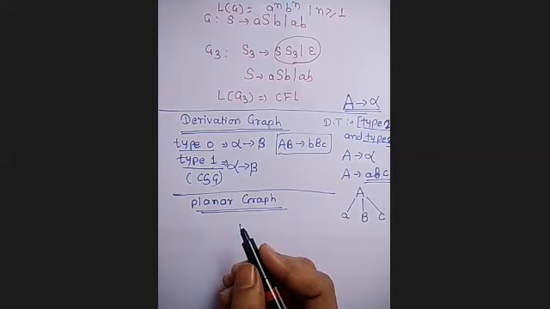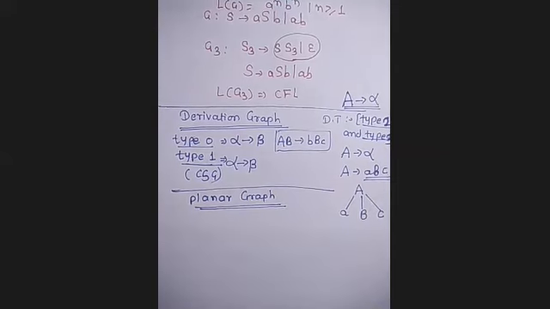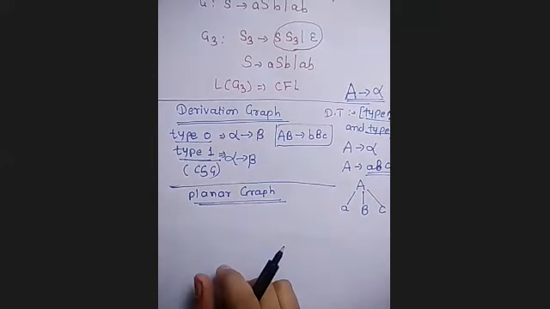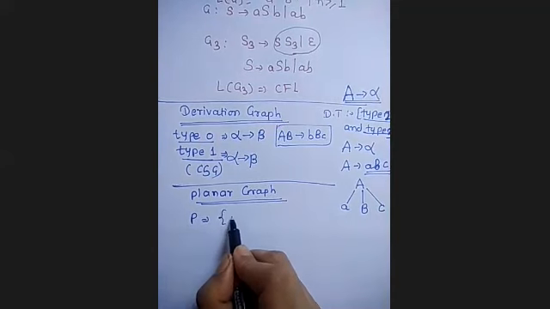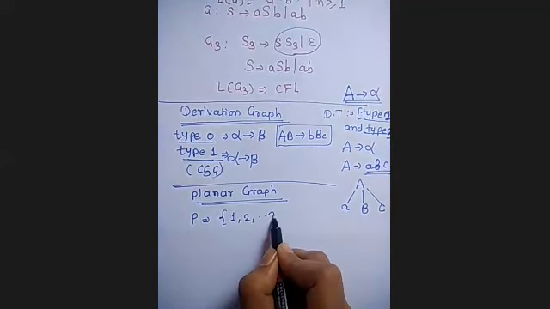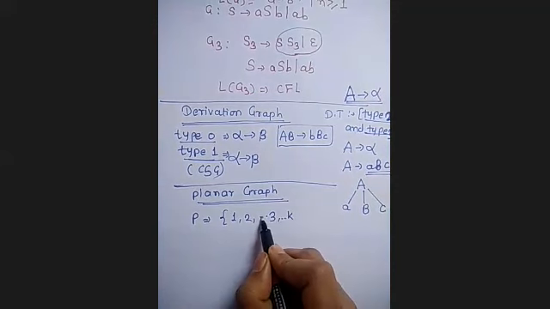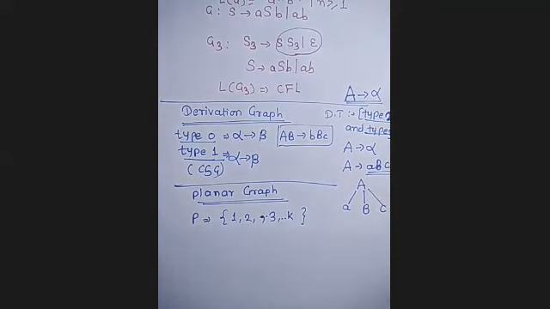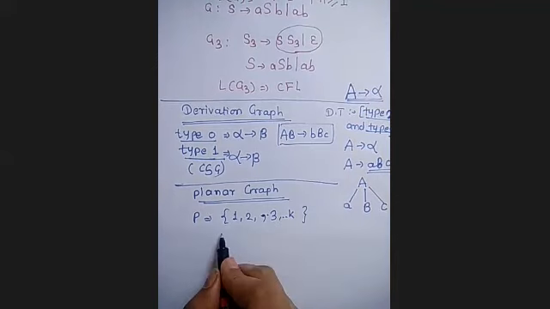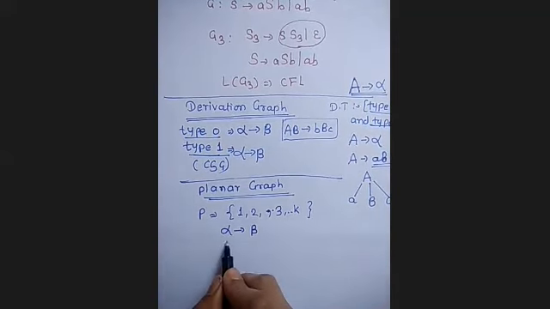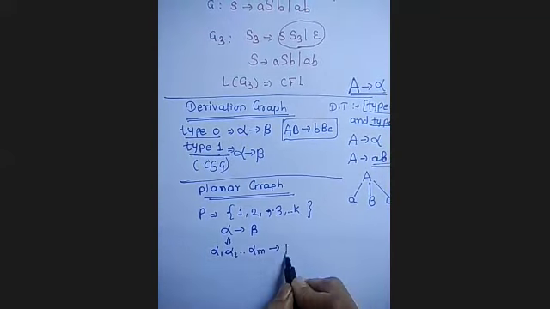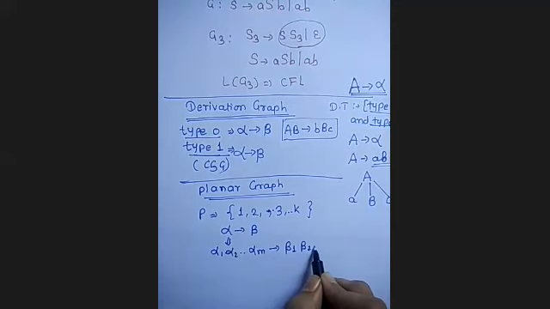So how do we draw this graph? Each production is given a number. Let the production rules be numbered 1, 2, 3 up to K. Let there be K production rules, where the rules are of the form alpha derives beta. Let alpha contain the symbols alpha 1, alpha 2 up to alpha m, and let beta contain the symbols beta 1, beta 2 up to beta n.